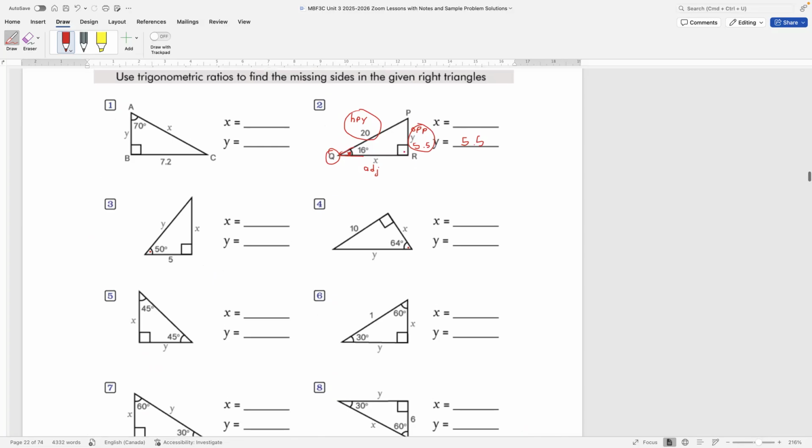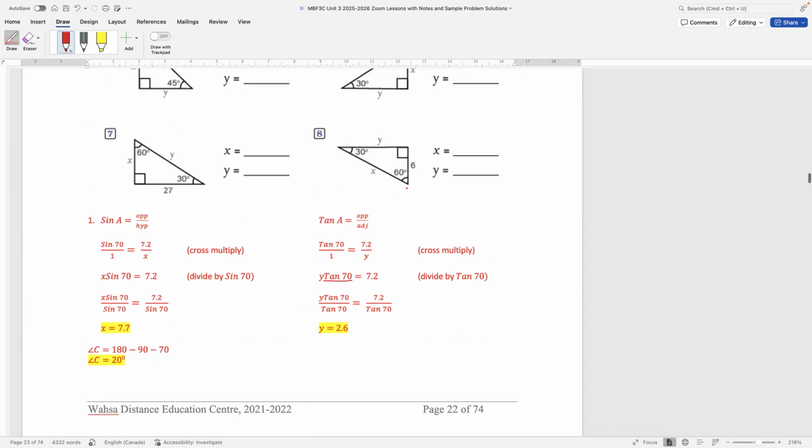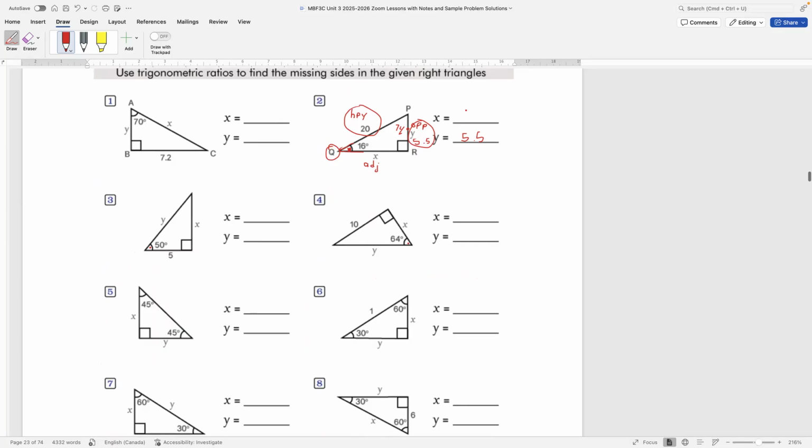So we go 180 minus 16 minus 90, you'll get 74 degrees. And we said that x in this case was 19.2.